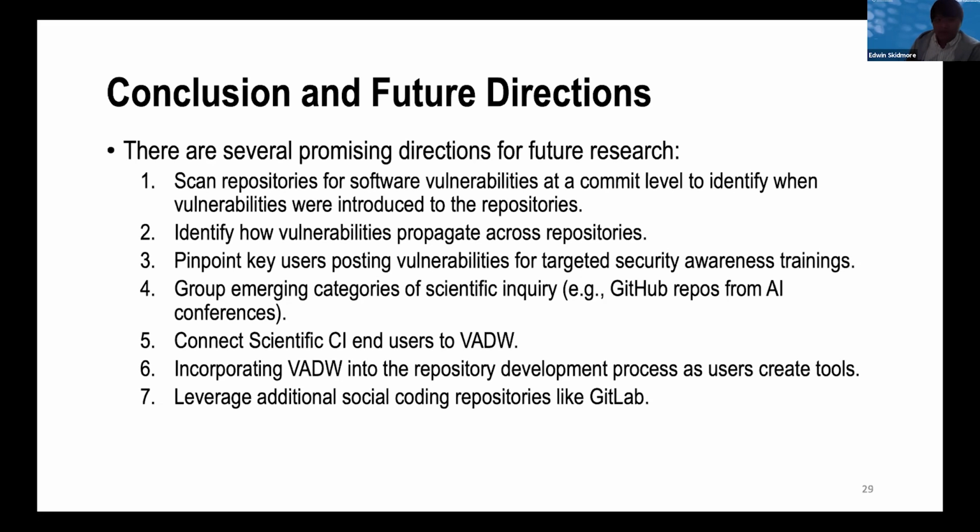As a lot of people know, virtual machines are only one type of compute environment, and certainly VADW isn't restricted to virtual machines. But where Cyverse is going is we support containers and container orchestration and even infrastructure as code templates. And so I think this would be a good application for VADW.